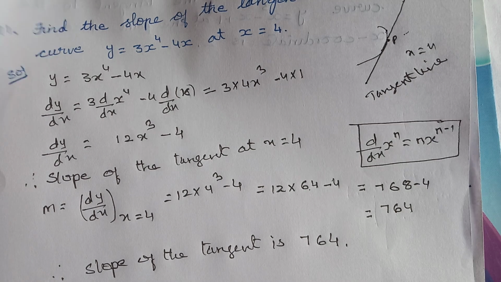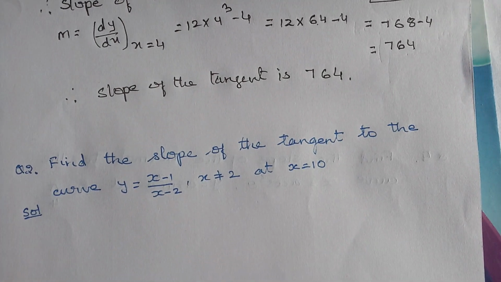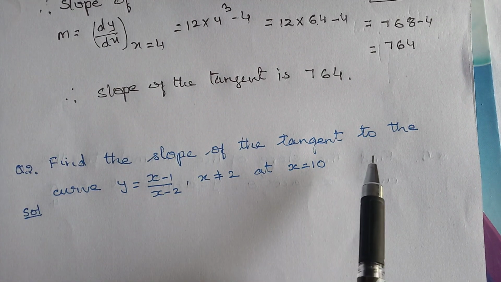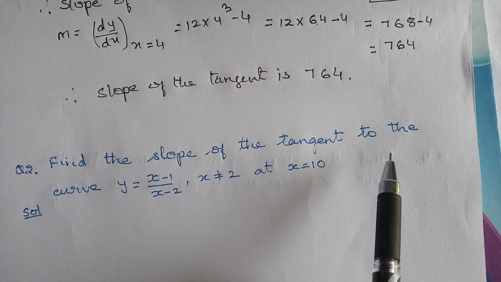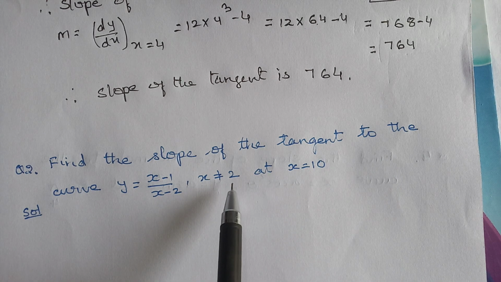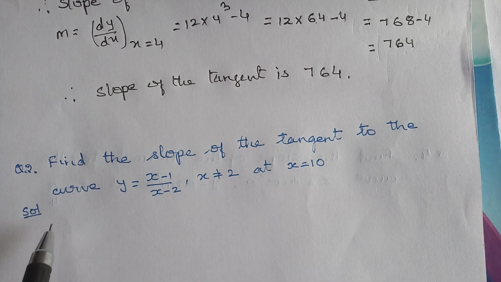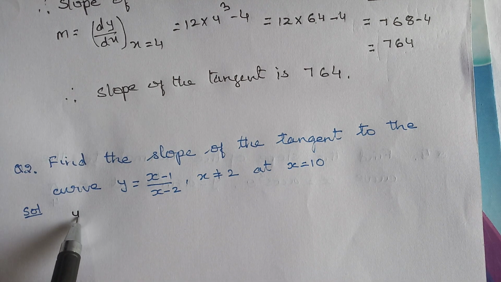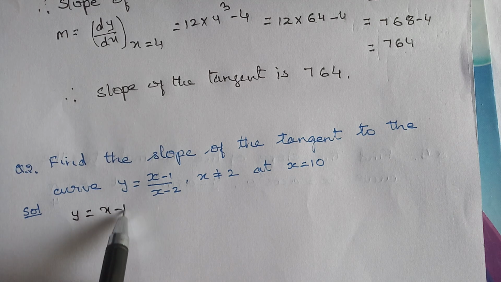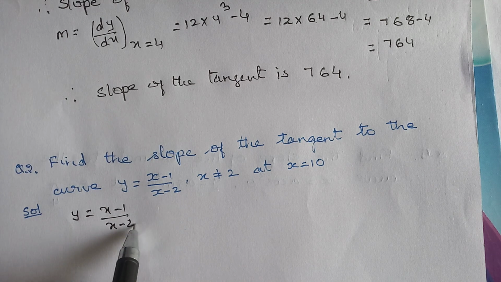If you come to the second problem, the same process. Find the slope of the tangent to the curve y equal to x minus 1 by x minus 2, x not equal to 2, at x equal to 10. So same process, y is given as x minus 1 by x minus 2.